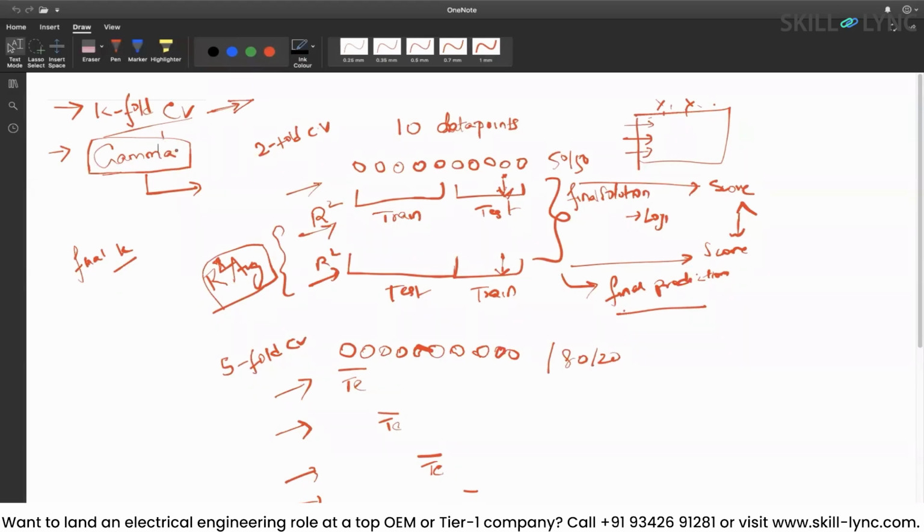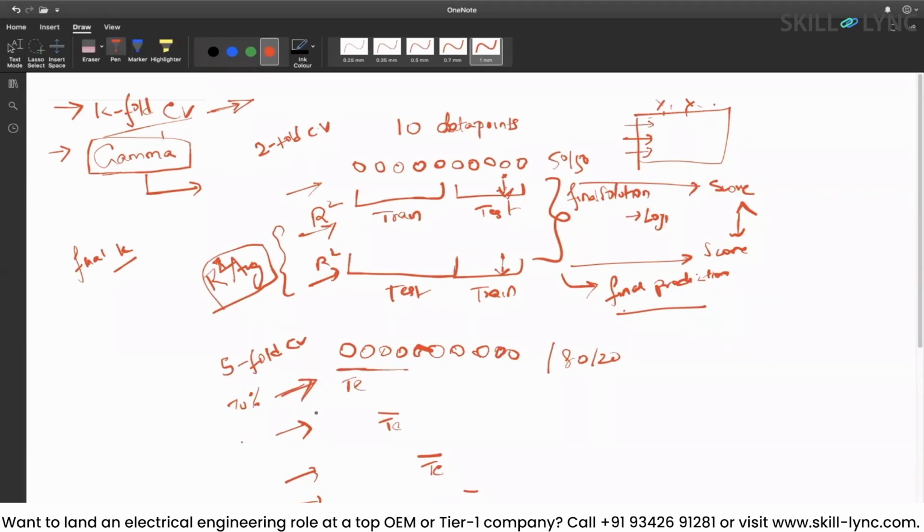What do I mean by cross-checking your model? For example, let's take this scenario in 5-fold cross validation. Let's say with this sample, I got 70% of accuracy. Let's say you have built the model and you got the accuracy for this, okay? First fold.